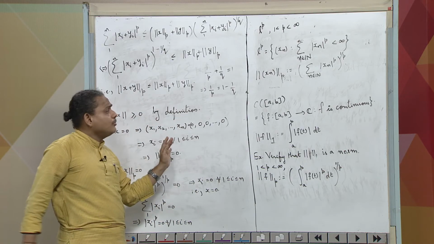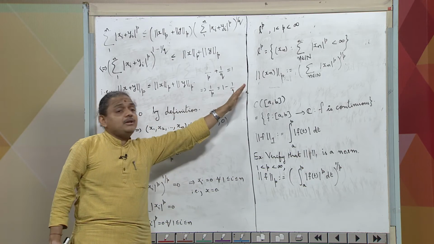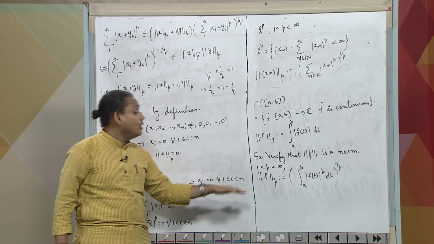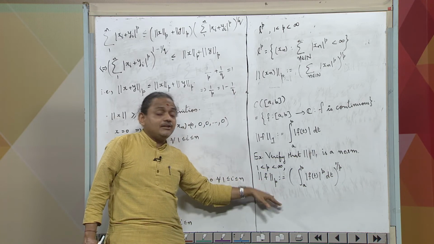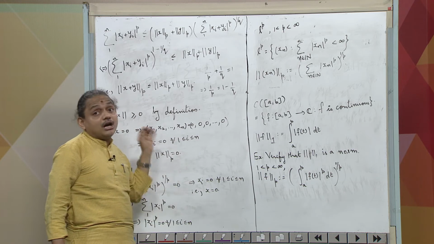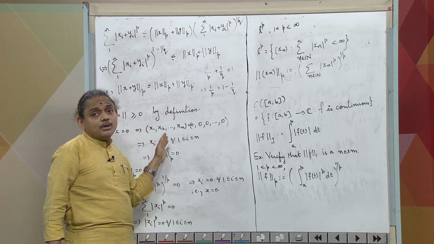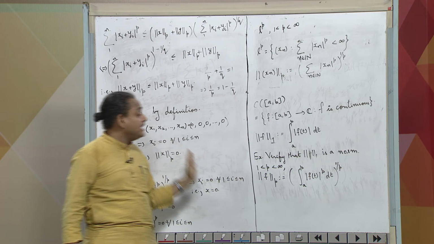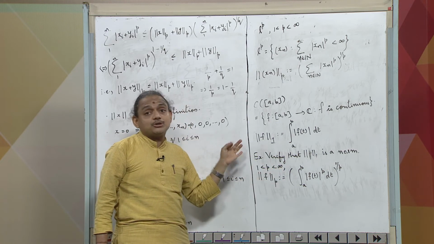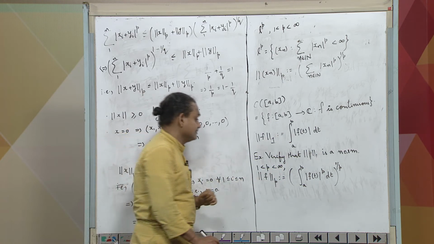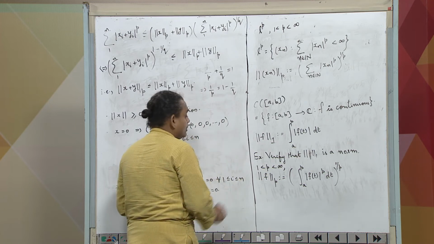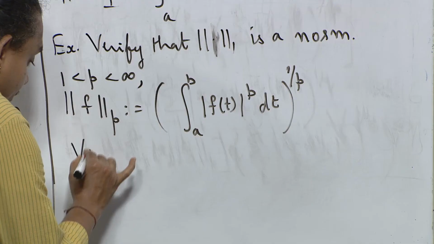The same proof, whatever you have written for LP, you should be able to write down even for this case, and in fact, you should be able to write down the analogues of Minkowski's inequality as well as Hölder's inequality, and prove that this is actually a norm, right. So, verify that this is a norm.